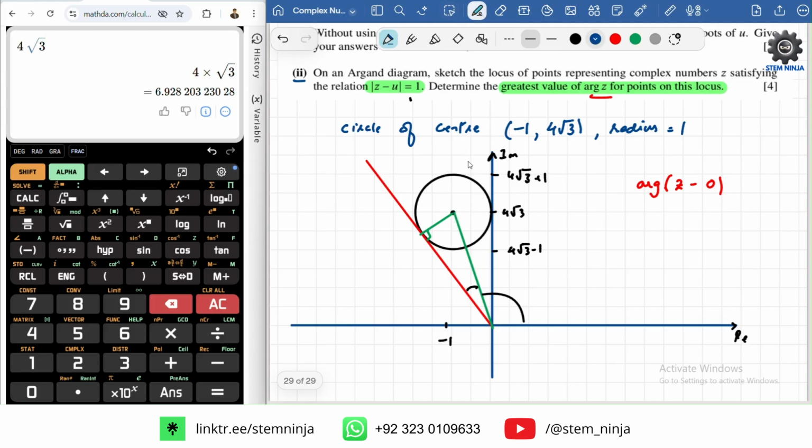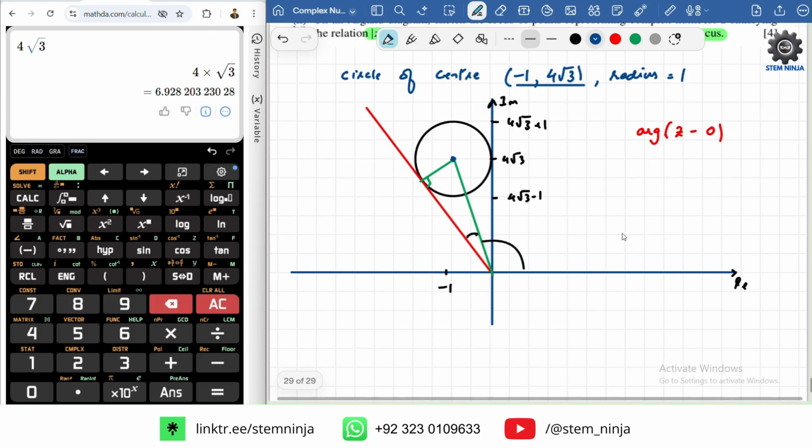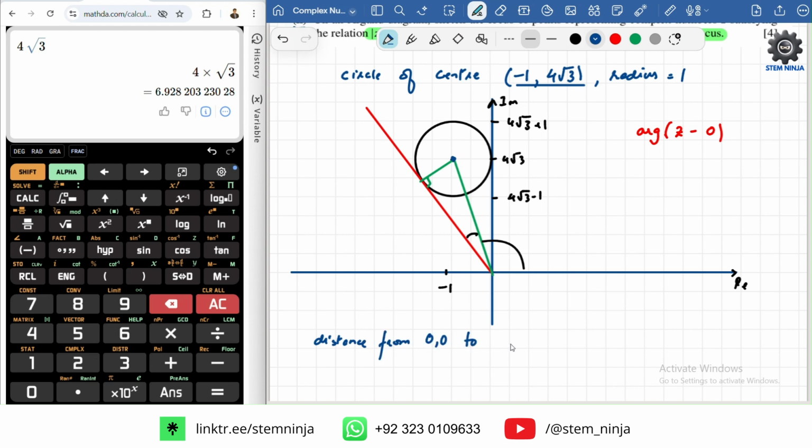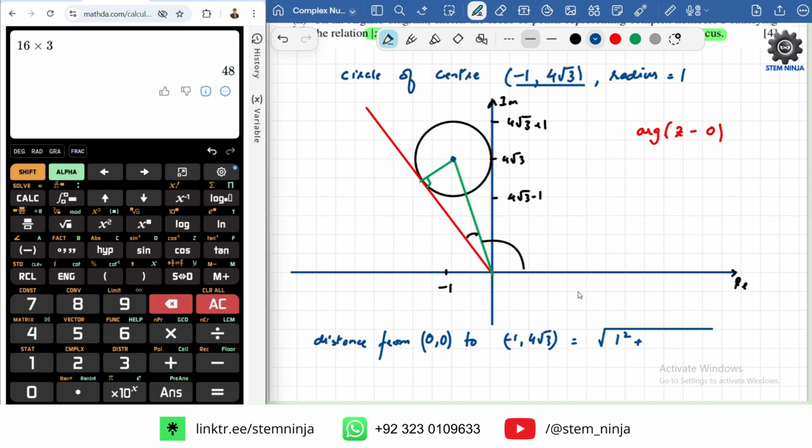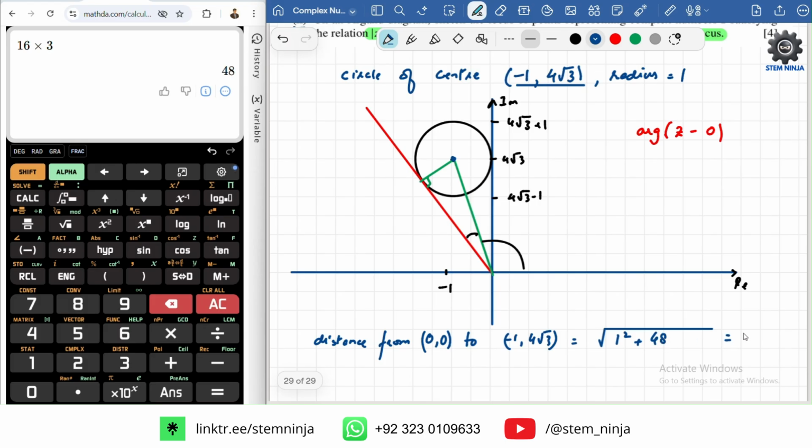We can find the distance from the origin to the center, right? The distance from the origin to minus 1, 4 root 3 is simply the square root of 1 squared plus 16 times 3, 48, 49, so that would be 7.